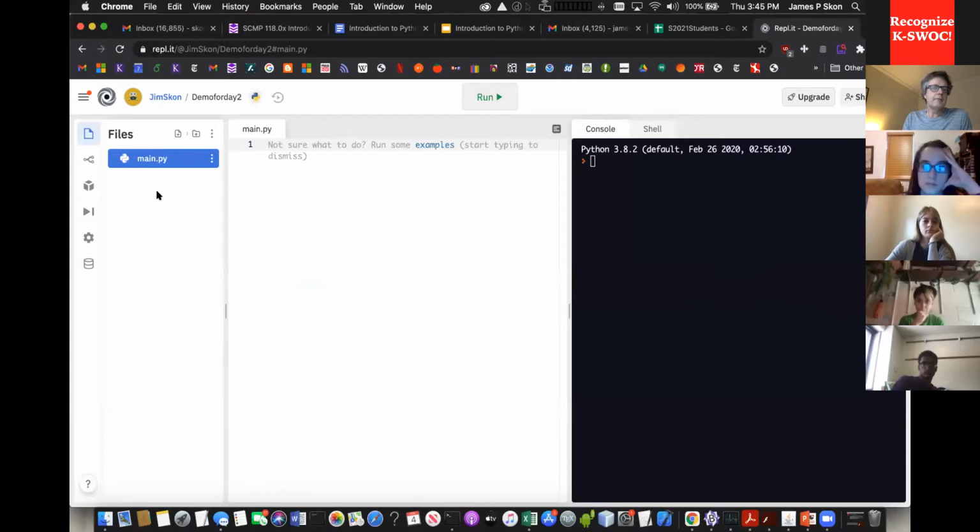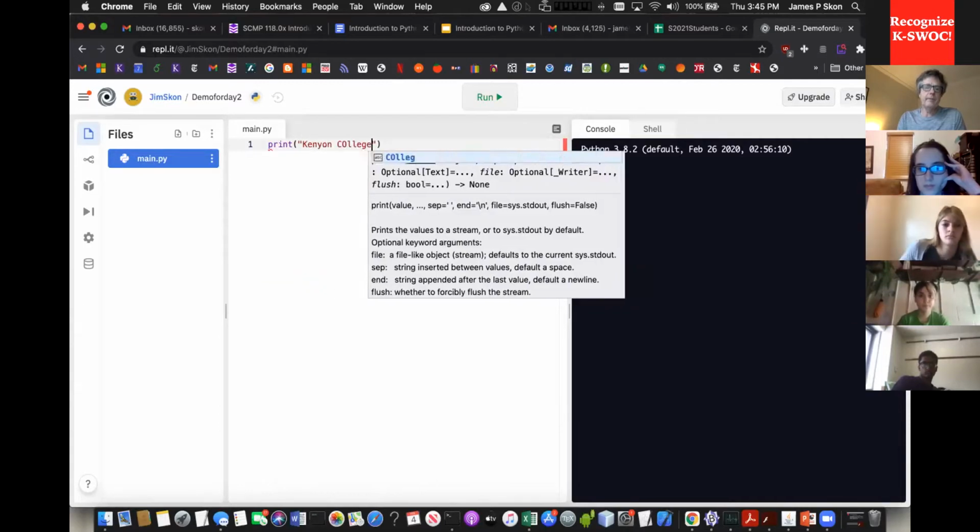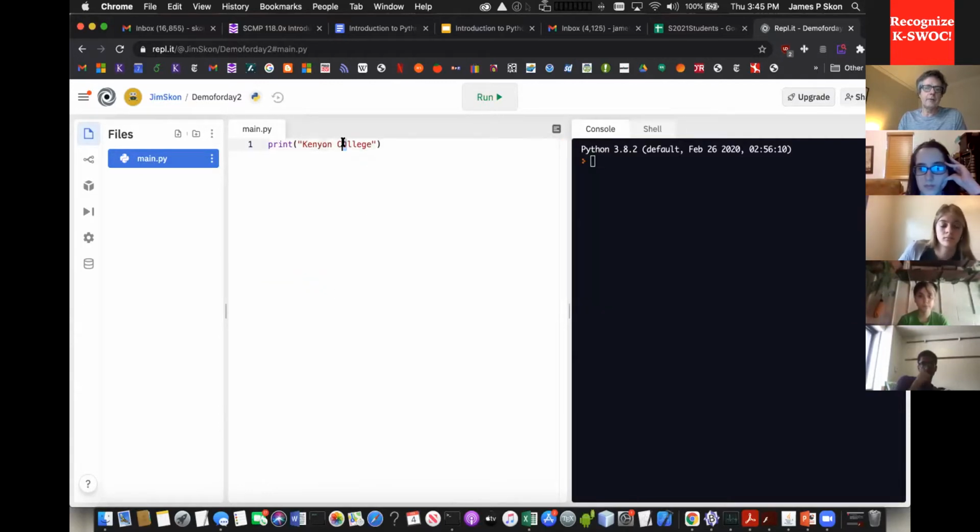We'll learn more about this later, but it shows any files that we have, and this is a file with our program. We can write long programs here or short programs, and we can run them.